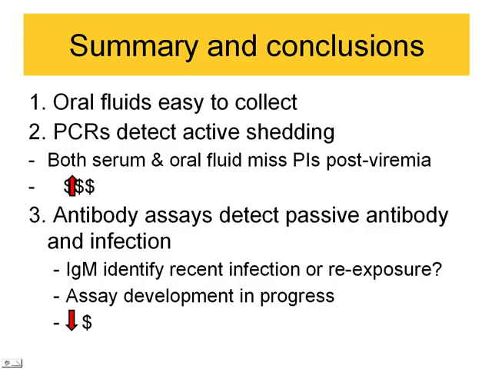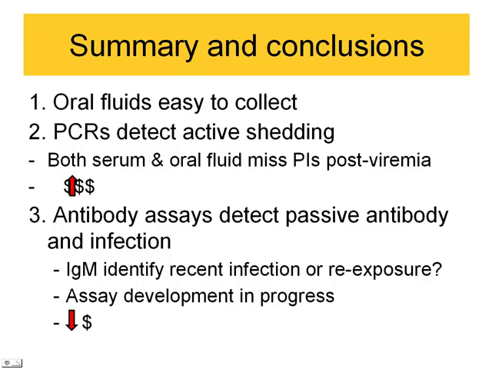And antibody assays can be used to detect passive antibody or active infection. We've got data from both of those situations. And as we saw with the PRRS specifically, IgM comes up real quick after inoculation. By day 2, 4, 6, somewhere in there, we're detecting IgM. That's a very cheap assay, rivaling detection time of PCR probably.